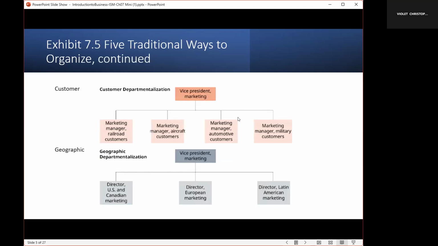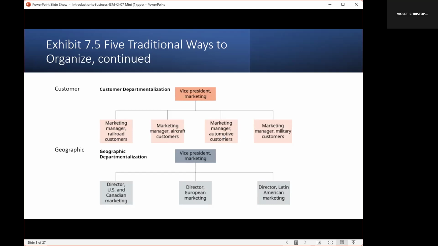Next, we could also organize by customer: railroad customers, aircraft customers, automotive customers, military customers. A company like GE has customers in the railroad industry, in the aircraft industry, and so on.